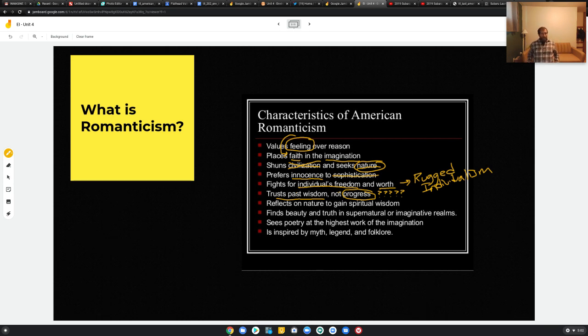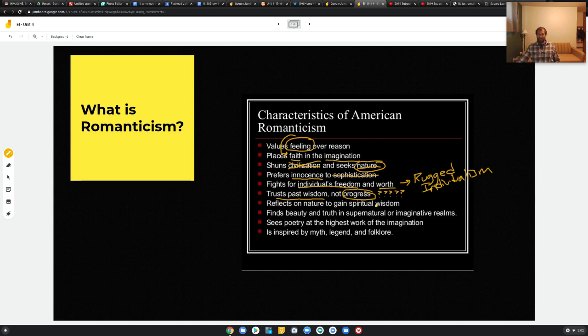And after we have them for a while, you can take our cell phones, for example, great handy little tools, but what are the consequences of using those? And so, might we not be better to sit around and read a book than jump into the latest social media craze on our phones? And so, trust past wisdom, not progress.